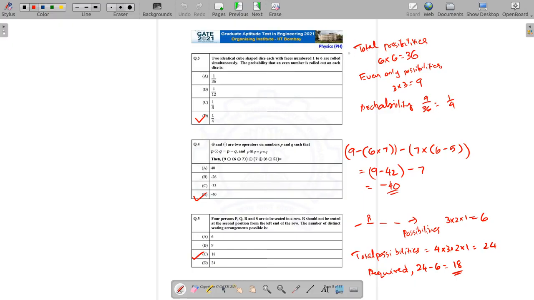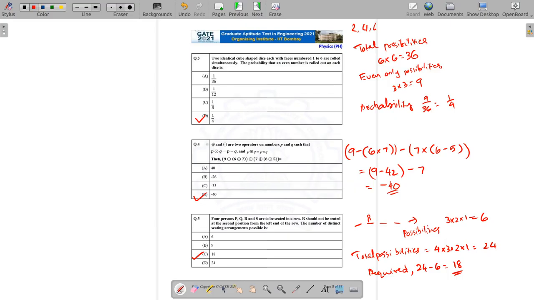Each die has 6 sides, so 6 into 6, there are 36 possibilities. And even only there are only 2, 4, and 6. On each die you can have 2, 4 and 6, so that will give you 3 into 3, 9. And the total probability for obtaining only even numbers is 9 by 36, which is 1 by 4.